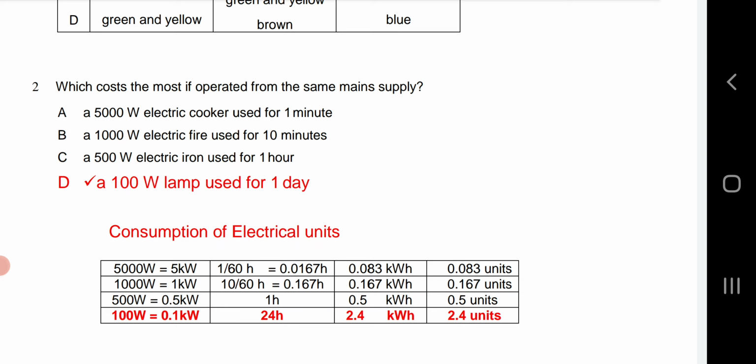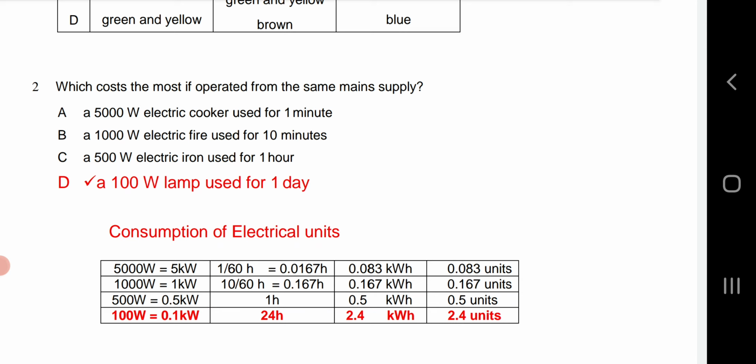Multiplying 5 kilowatt with 0.0167 hours gives 0.083 kilowatt hour, which is 0.083 units. Similarly, I calculated the units for all four options, and by looking at the calculated table, 2.4 units is for option D.